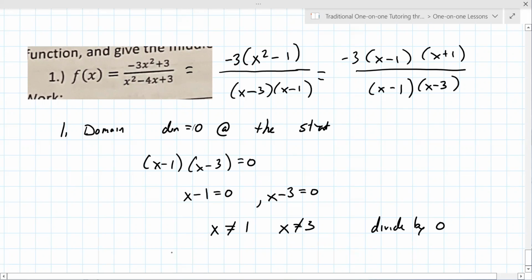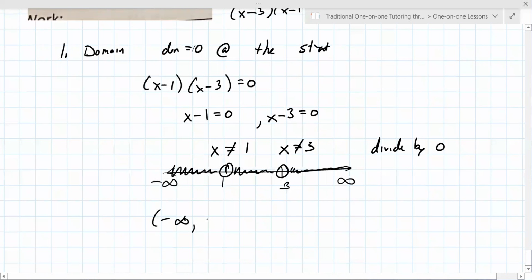If you think of your domain as a number line, here's 1, here's 3, here's -infinity, here's infinity. It's everything but those points that you're allowed to be. This is -infinity to 1, union 1 to 3, union 3 to infinity.